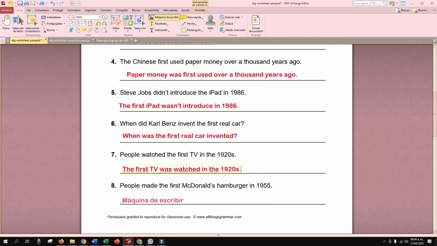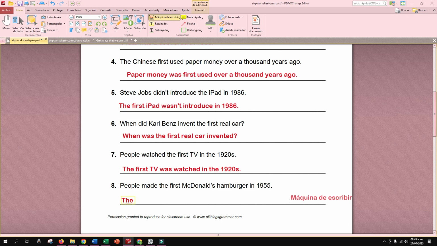Excellent. And the last one, people made the first McDonald's hamburger in 1955. Which could be that one? The first McDonald's hamburger was made in 1955. Excellent, Edwin. That's okay.